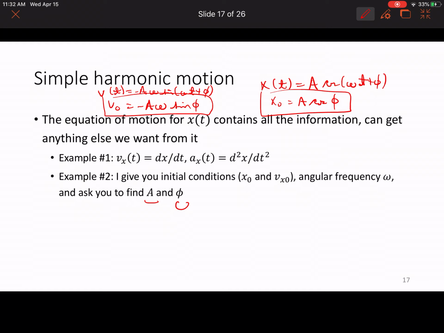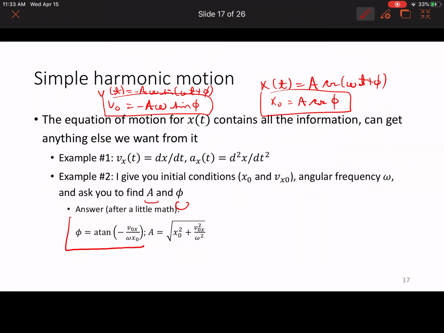It's just some algebra. But I invite you, if you're interested, you can take a look at that. It's in the posted notes. Anyways, the results after a little bit of math are that my initial phase is the arctangent of v0x over -ωx0. A little word of warning, this actually has two different solutions. So if you solve for the arctangent, it has two solutions.